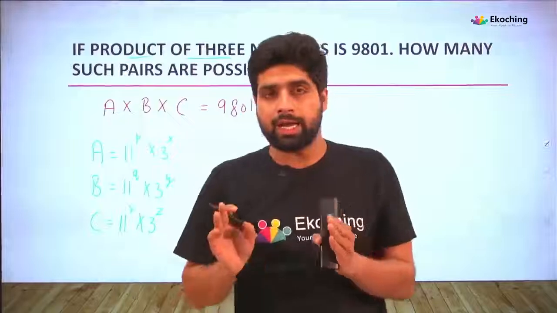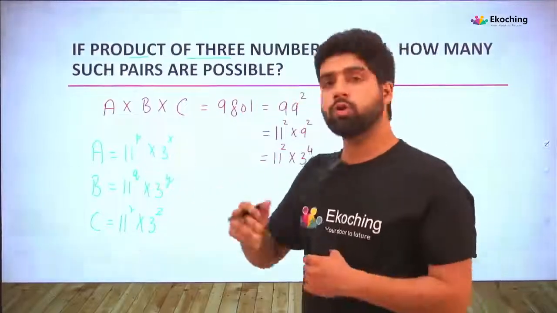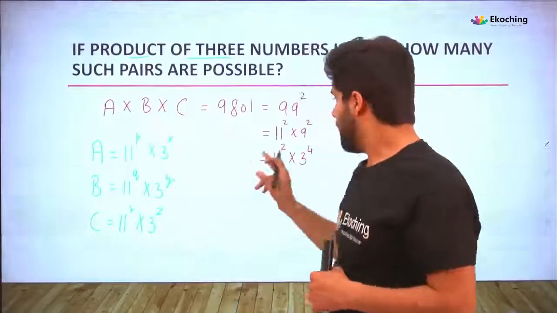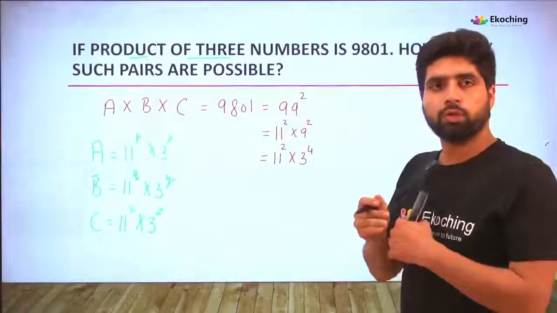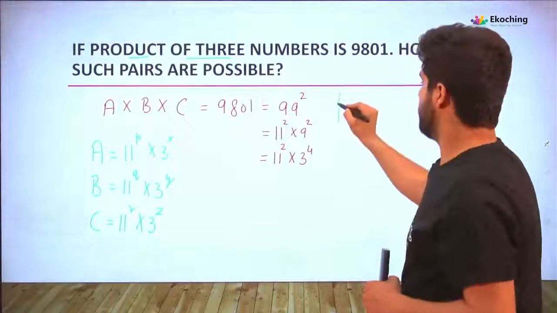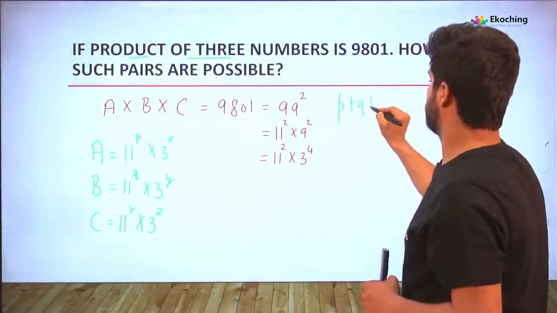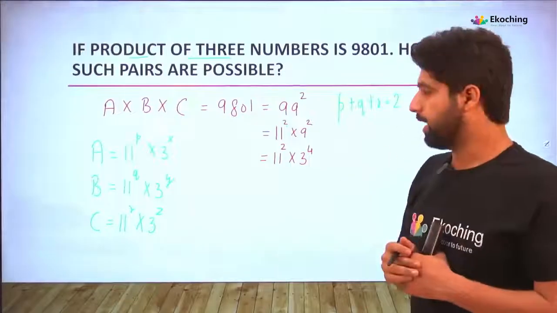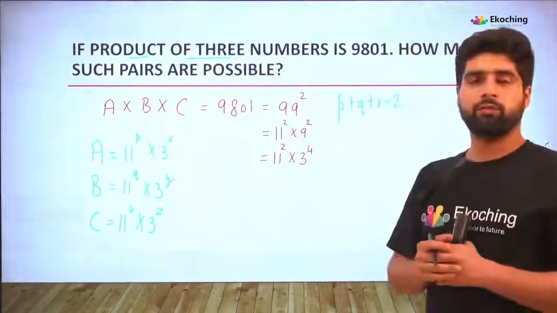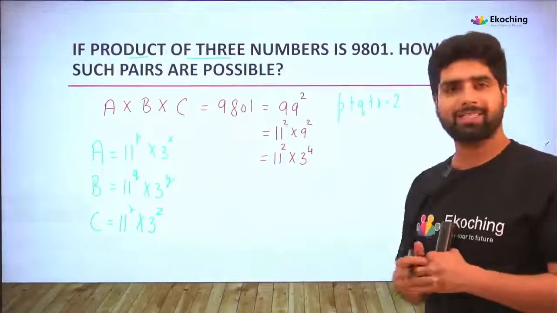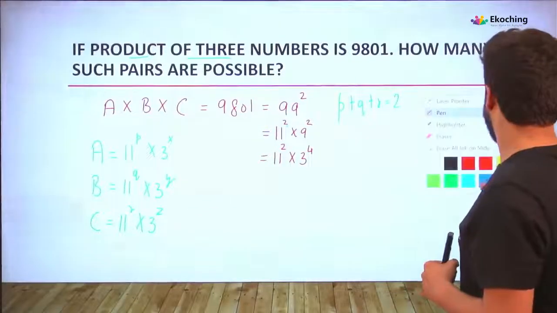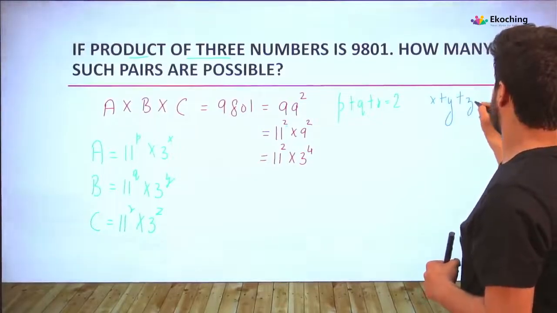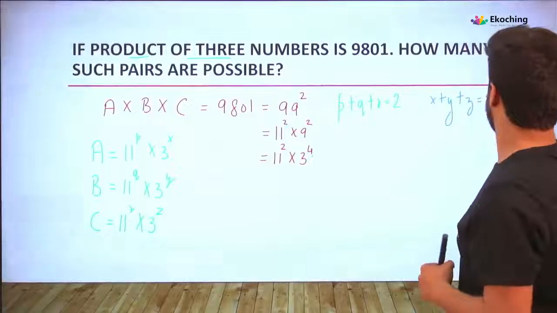So in A, B, C where we have used 11, I have just used the powers p, q, r. And here I am getting 2. So can I say this p plus q plus r must be equal to 2? Similarly, in case of 3, we have used the powers x, y and z. So that means this x plus y plus z must be equal to this 4.